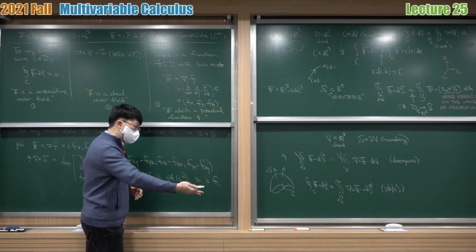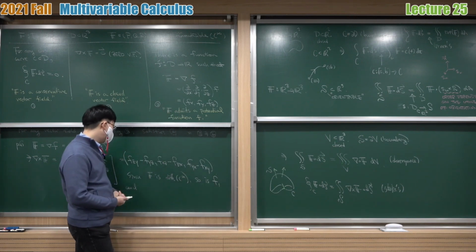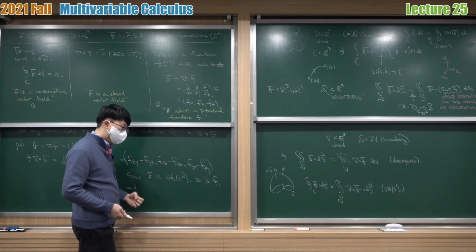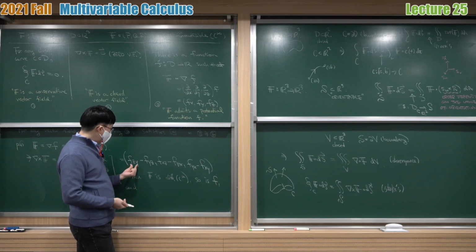That means you have a continuous function, and so does this function f. Because this vector field came from the derivative of f, f must be infinitely differentiable. So therefore, the second partial derivatives are continuous.